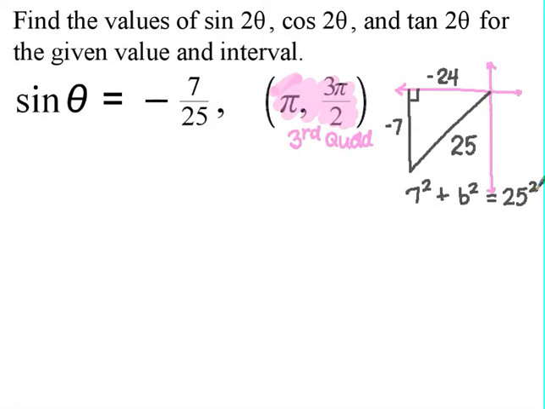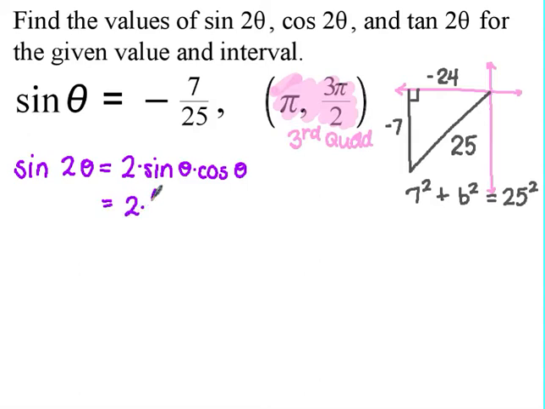So now let's go back to our formula sheet. Our formula sheet said that sine of 2 theta equals 2 times the sine of theta times the cosine of theta. Correct? That's what it states. So now all I need to do is plug in those values.